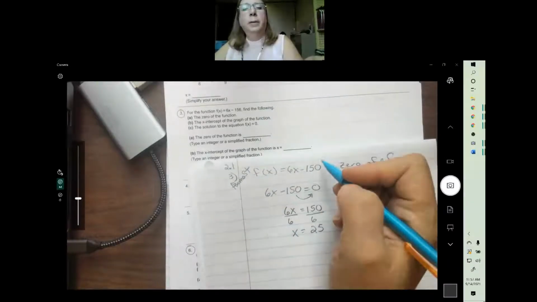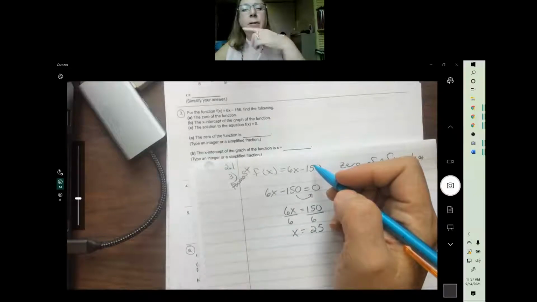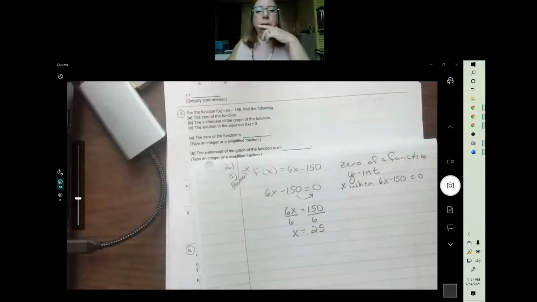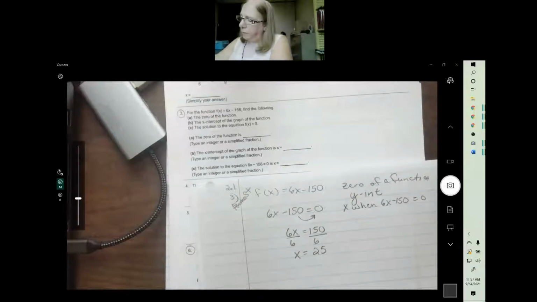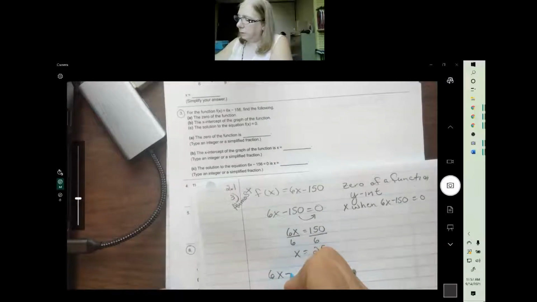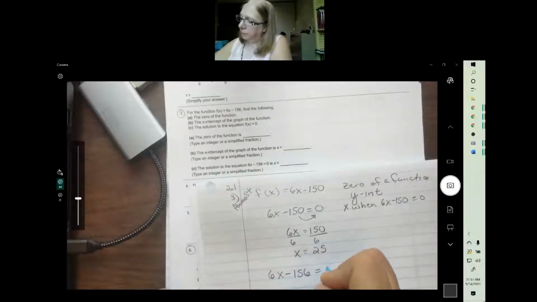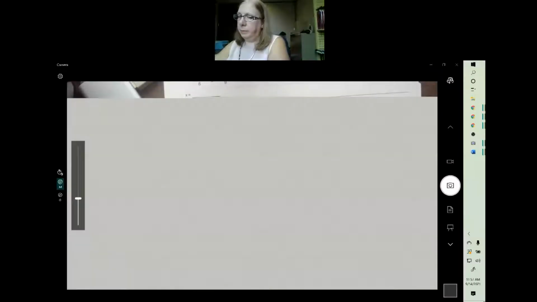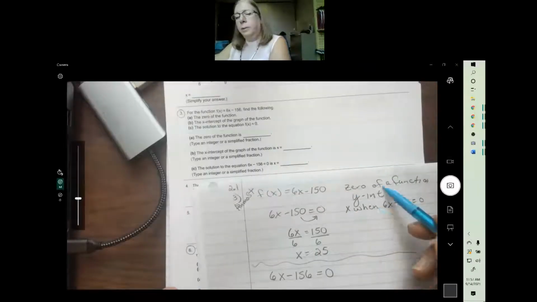It looks like a 0 on the top on my screen, but then down here I could read it better. Oops, right there. Okay, so if we try the other one, 6x minus 156. Again, we're finding all three of these are the exact same answer.